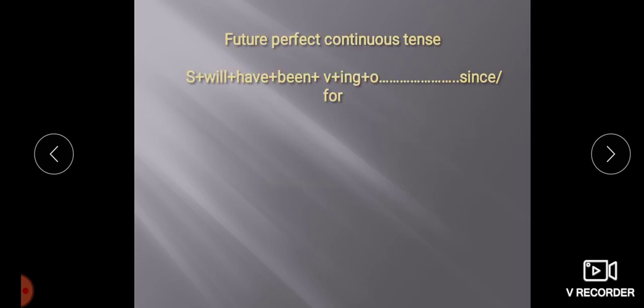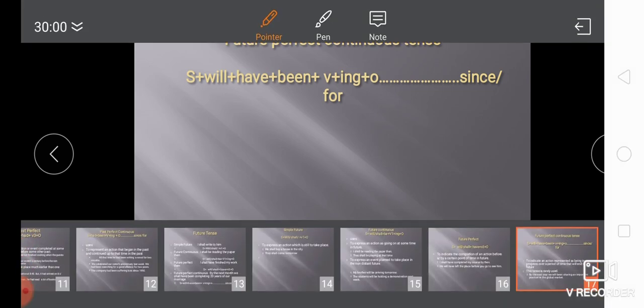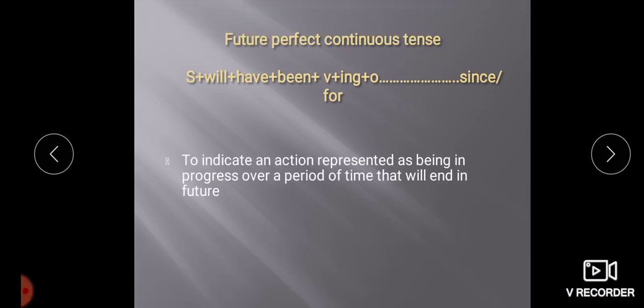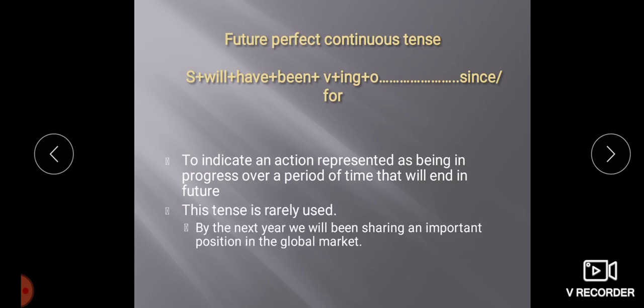Future perfect continuous tense. Subject plus will or shall plus have been plus the ing form of the verb plus object, since or for. To indicate an action represented as being in progress over a period of time that will end in the future. This tense is rarely used.